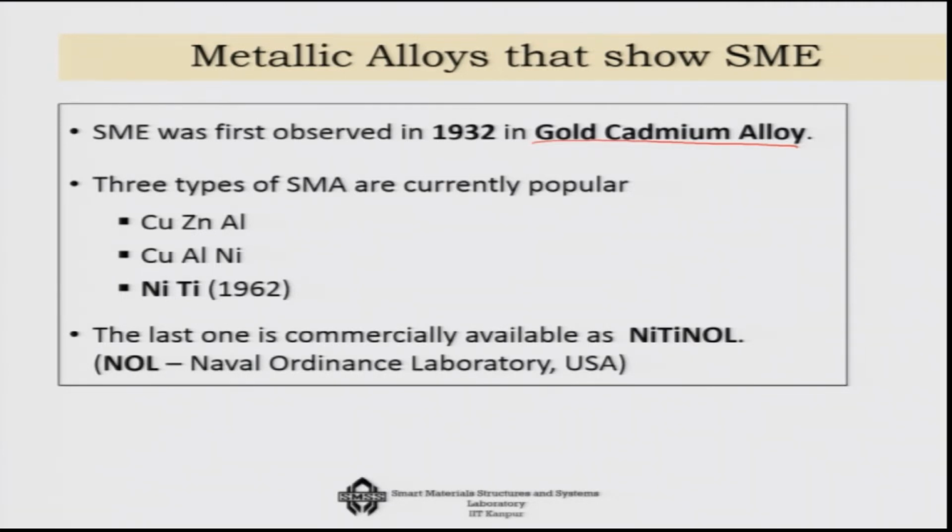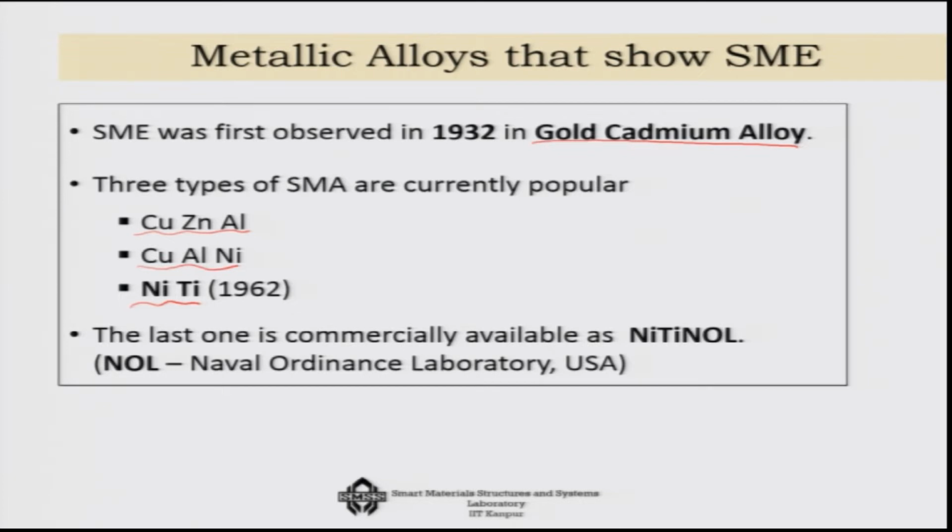It was found out later on that there are 3 candidates: the 2 ternary alloys, copper, zinc and aluminum, and copper, aluminum, nickel, and also one binary alloy, nickel titanium, which very interestingly also show this effect of shape memory.